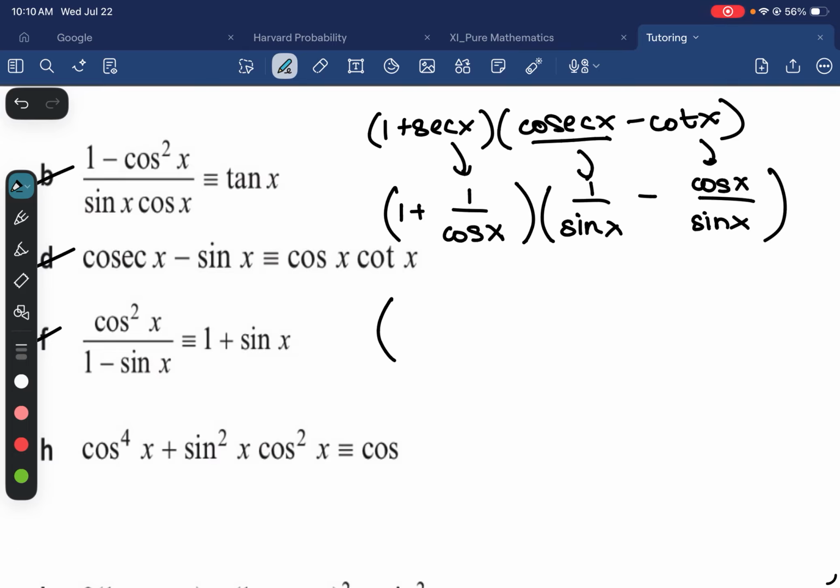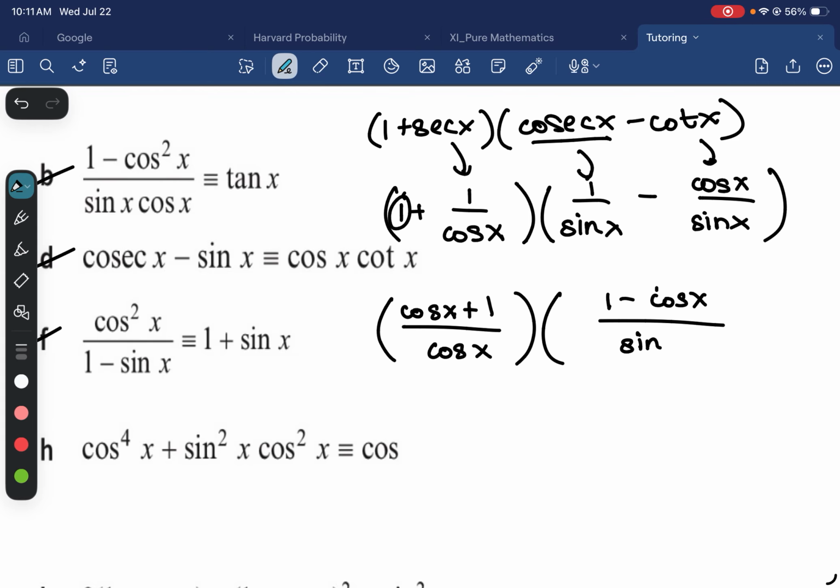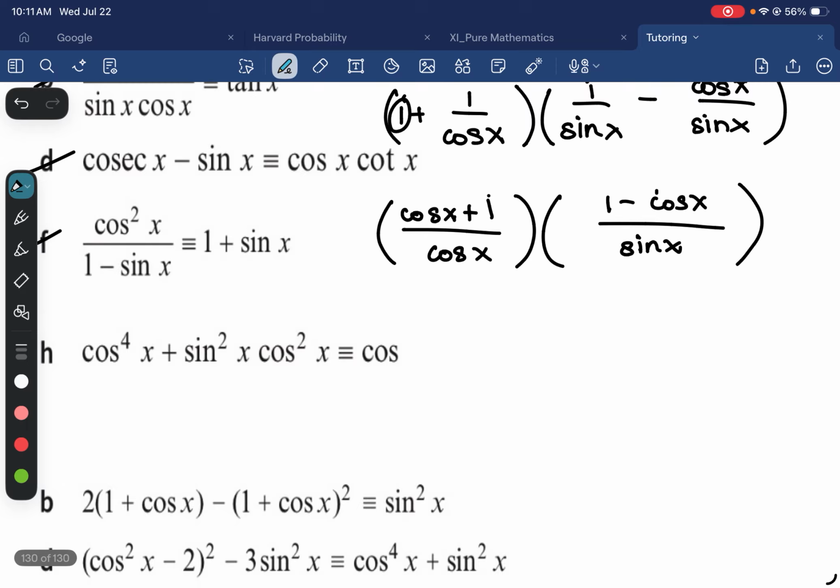Alright, this one, if I write it with a common denominator, I have to write it as cos x plus 1 divided by cos x, right? I multiply and divide 1 by cos x, and then I write it as a common denominator, like this. And this part, I can write it as 1 minus cos x over sine x. Alright, so this one I can rewrite as 1 plus cos x.